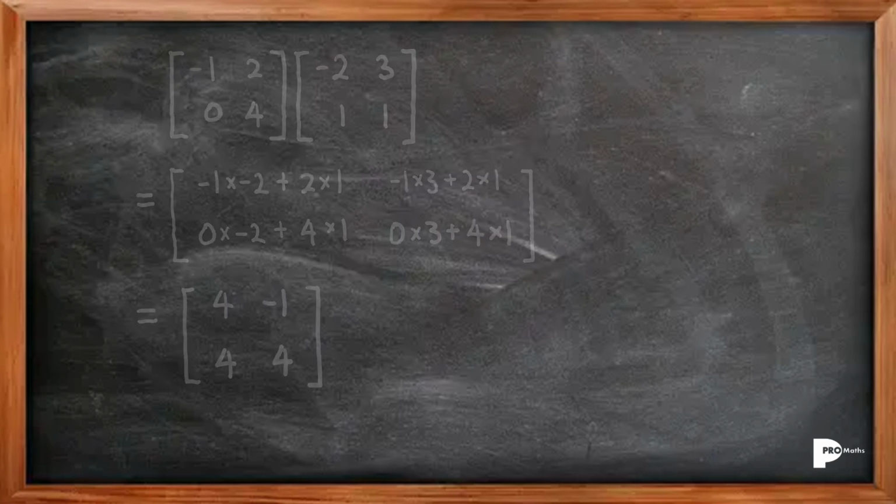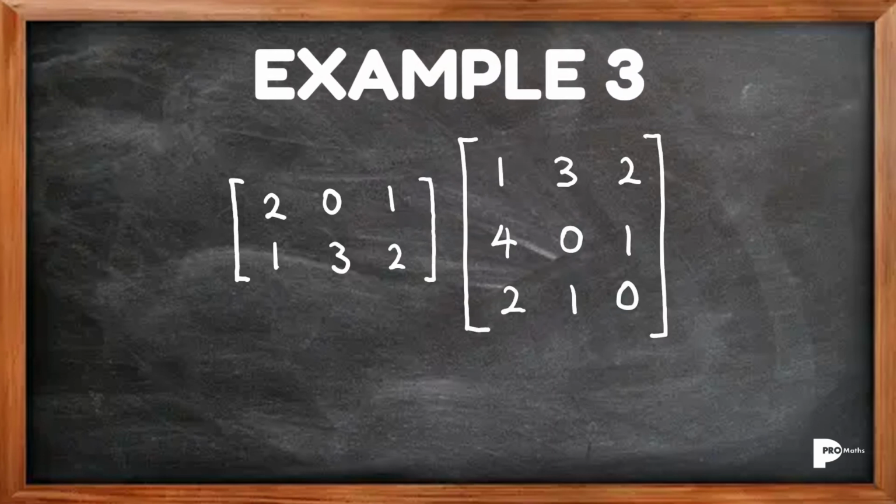Let's look at one more. We have a 2 by 3 matrix multiplied by a 3 by 3. Let's see how this is done.